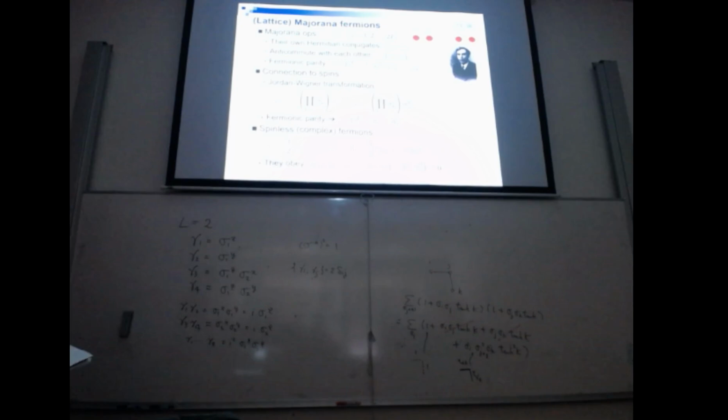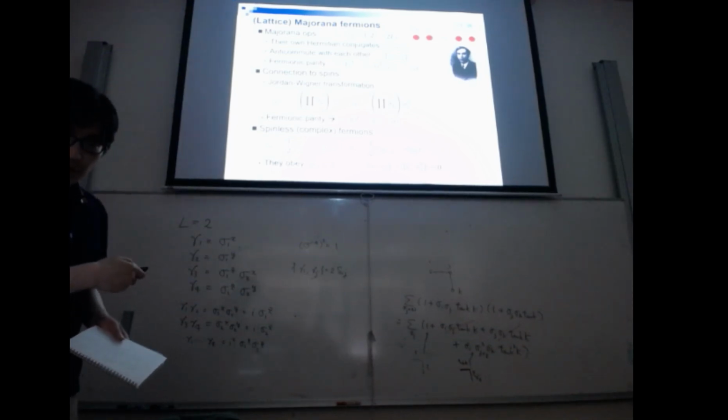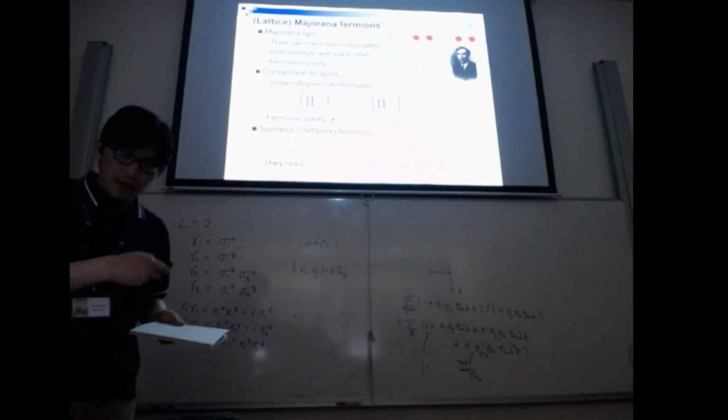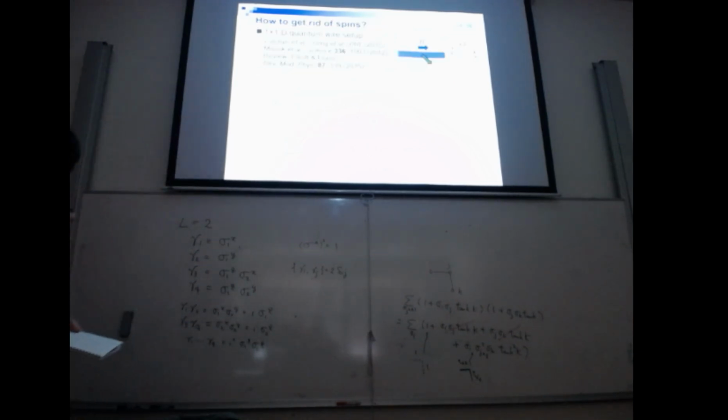And they obey these standard canonical anti-commutation relations. But you might think these spinless fermions are rather artificial because electrons must have spin degrees of freedom, right? But there is some trick here. So let's discuss how you can get rid of these spin degrees of freedom.